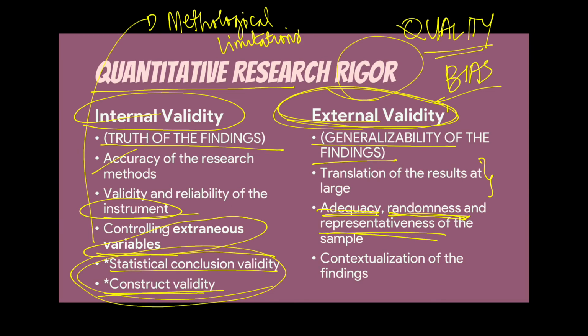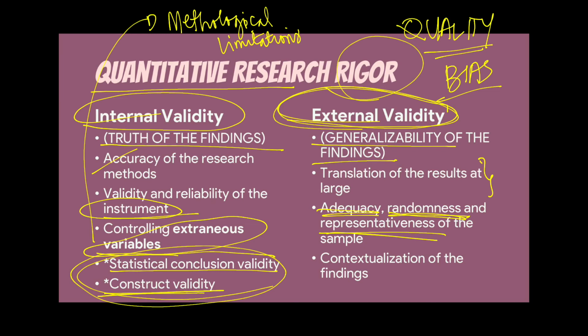This is something that is being pursued by, let's say, big organizations like Social Weather Stations or Pulse Asia. They only collect data from 10,000 people, but because there's randomness, adequacy, and representativeness in creating the sample, they are able to generalize the findings to the whole Filipino population.